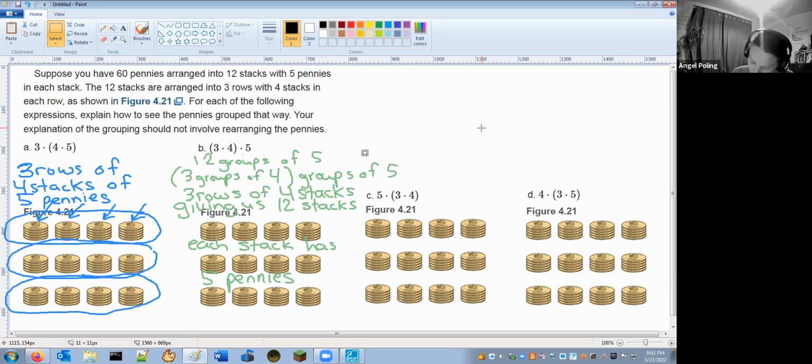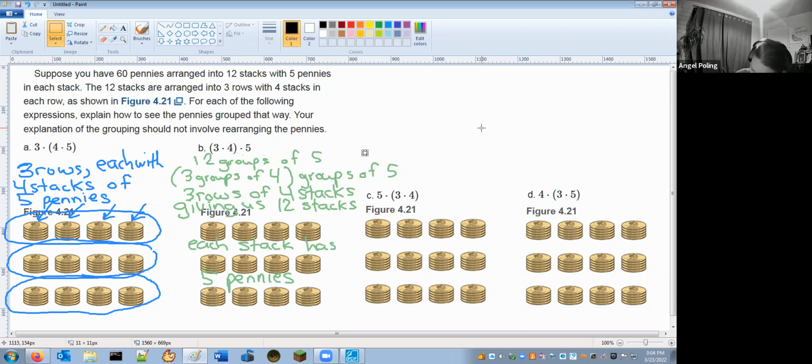So this first one, then 3 rows, each with, to try to differentiate, each with 4 stacks of 5 pennies, making 20 pennies each.